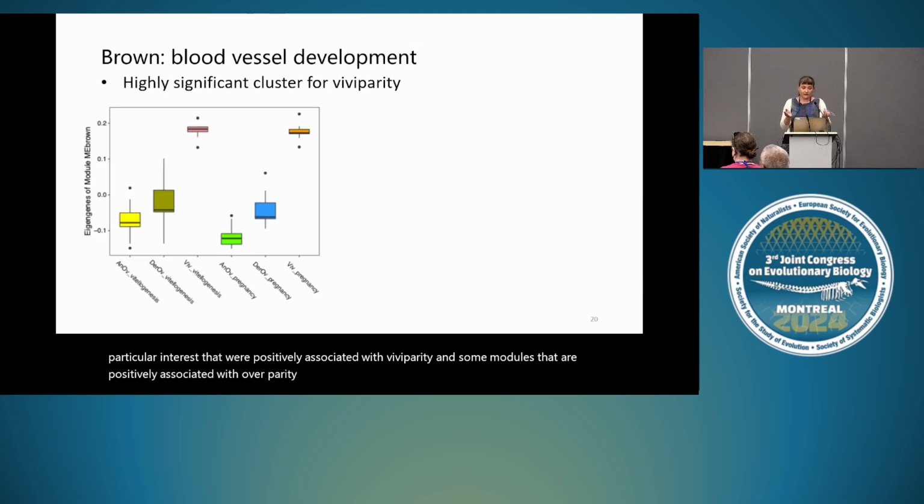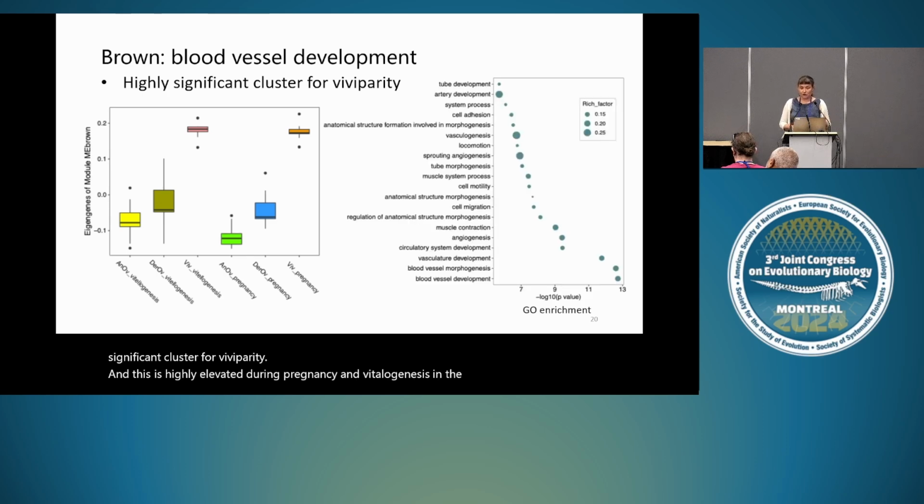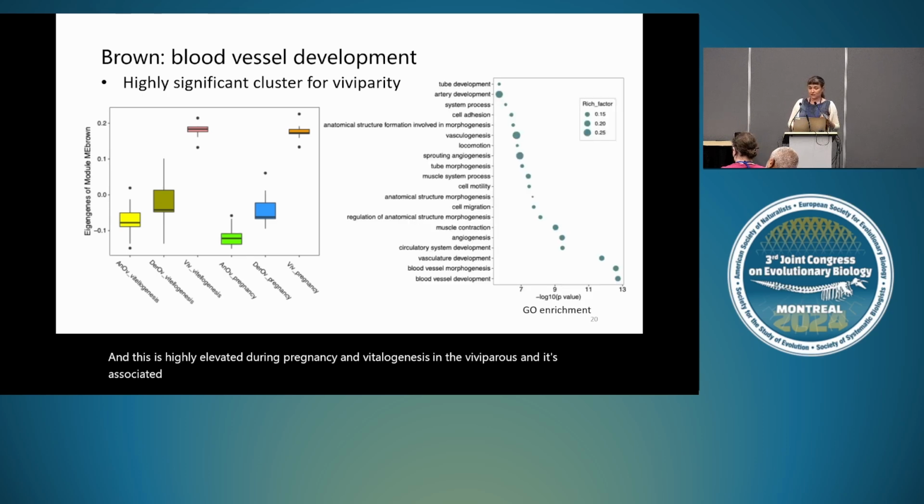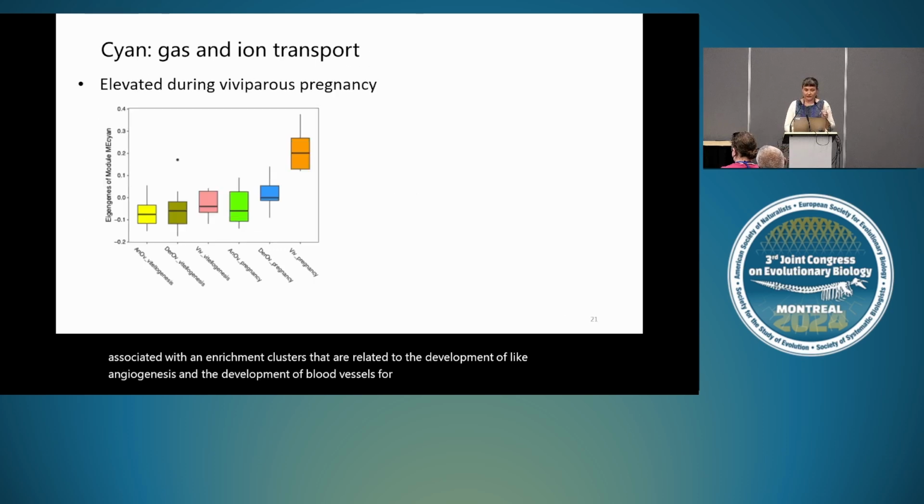And when we look at these among individuals in our different groups, we can see that, for example, blood vessel development is a highly significant cluster for viviparity, and it is highly elevated during pregnancy and vitellogenesis in the viviparous. And it's associated with enrichment clusters related to angiogenesis and the development of blood vessels, for example, that we see on the other side.